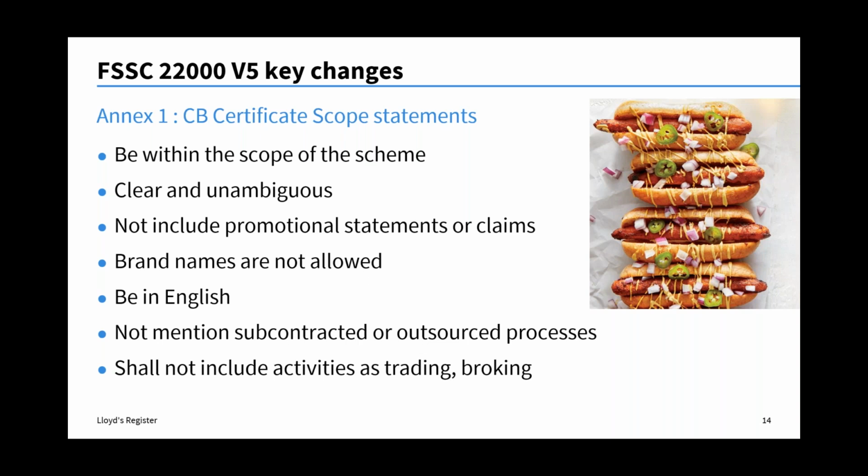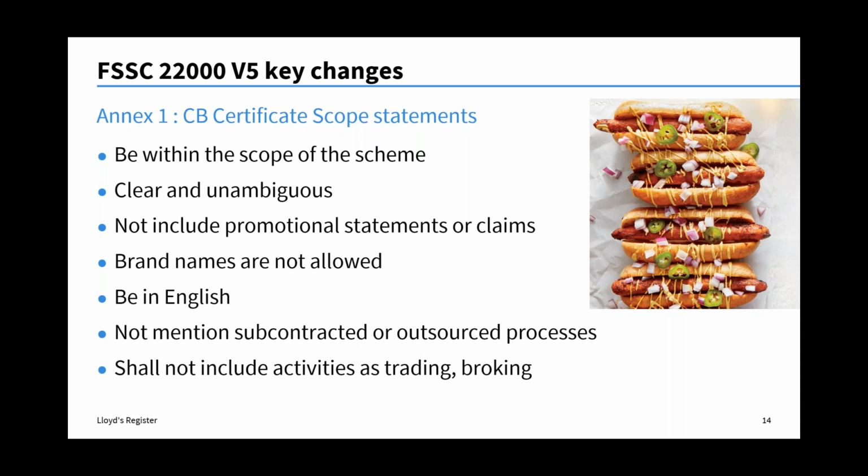Some examples are health claims, nutritional claims, origin claims, free from claims. Free from claims means allergen free claims, organic claims, quality claims. If an organization makes such claims, this would be audited as part of the FSMS audit, but this would not appear on the scope statement in the FSSC 22000 certificates.